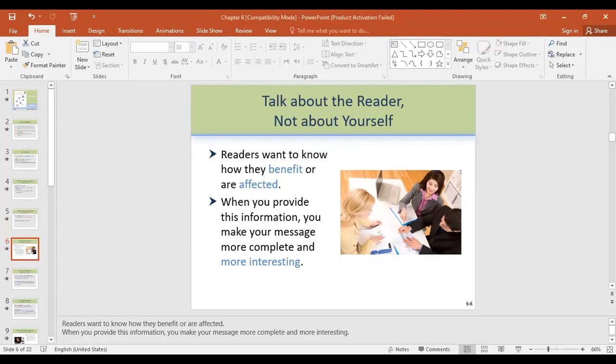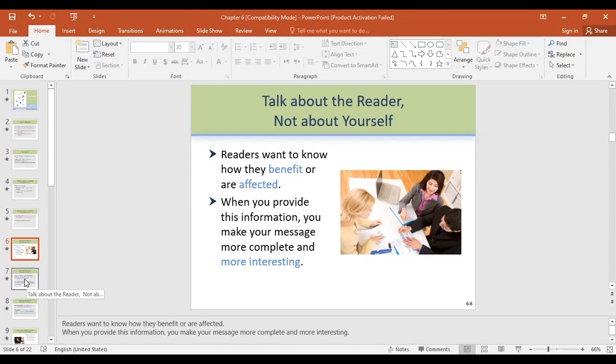Again, please focus with me, your readers want to know how they benefit. They are expecting the benefit. And when you provide full information, it is more interesting for readers.